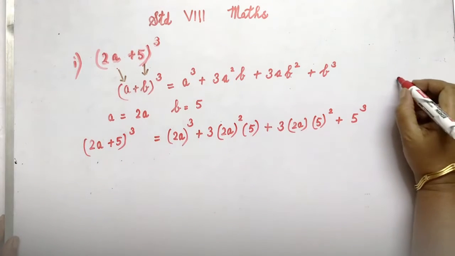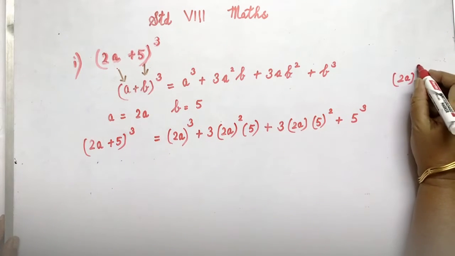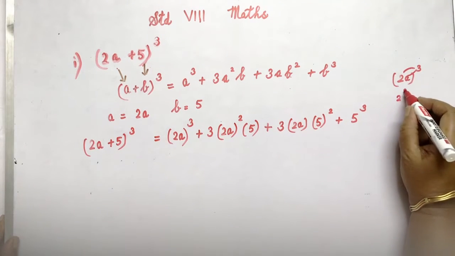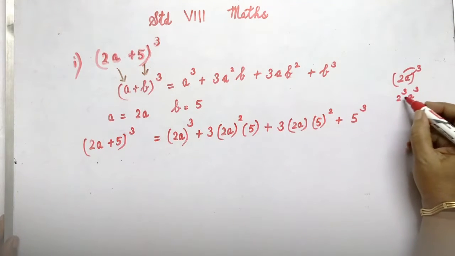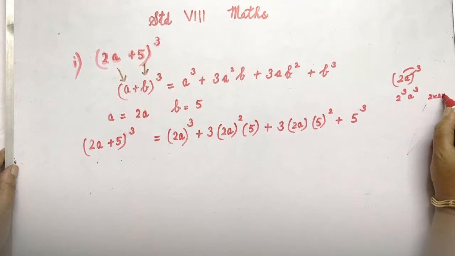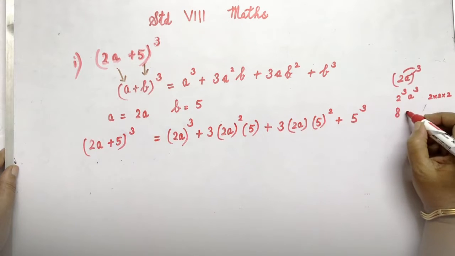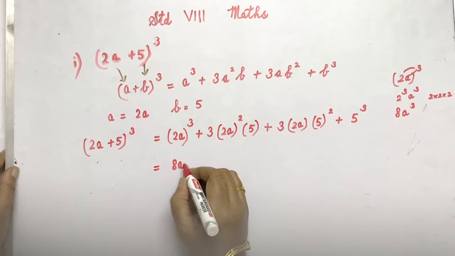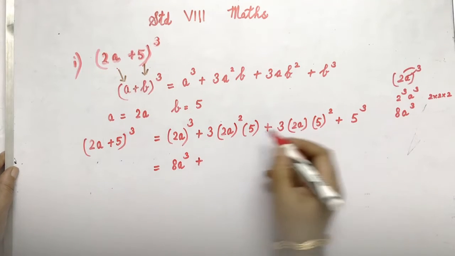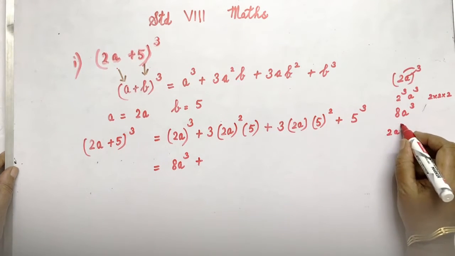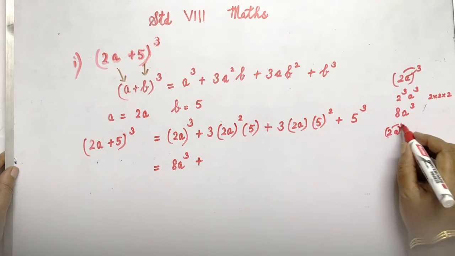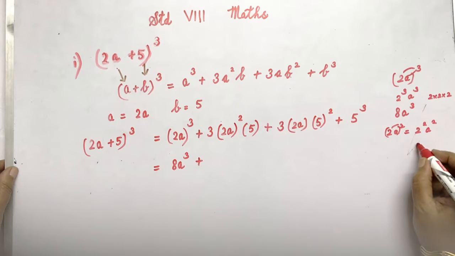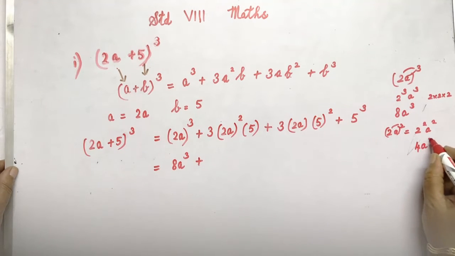Now (2a) whole cube means 2 cube a cube. 2 cube is 2 into 2 into 2, so it is 8, so 8a cube. So in this place we have to write 8a cube plus (2a) whole squared is 2 squared a squared. 2 squared is 2 into 2, that is 4a squared.